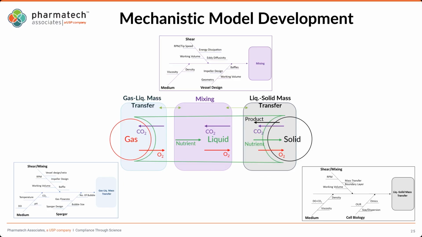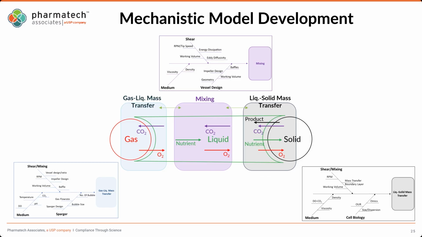What would be the impact of the size of the sparger? What size of bubble am I forming? When the bubbles hit the impeller, they're going to break down, but when they go up, they're going to coalesce. What's the impact of the pH of the medium or the flow rate of the gas, or all of these things that are going to develop the models, plural, for that level.